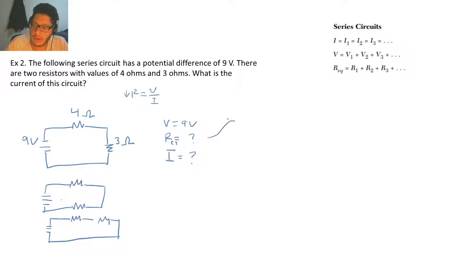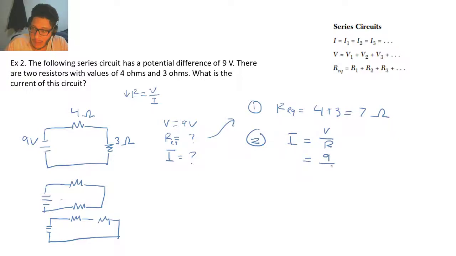So how do we solve for Req? Well, we have a formula right here. Req is going to be equal to 4 plus 3, which is 7 ohms. So we can tell that the resistance decreased. If resistance decreases, well, I'm going to be dividing that 9, but now I'm going to divide it by a much smaller number.